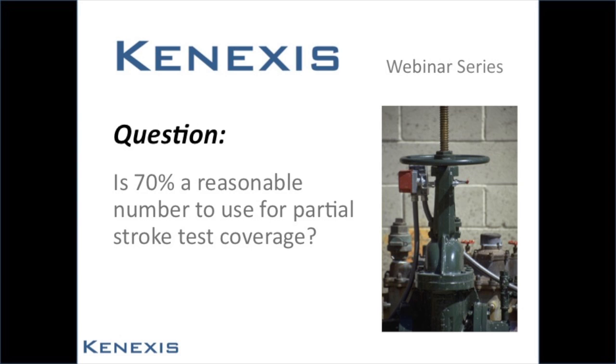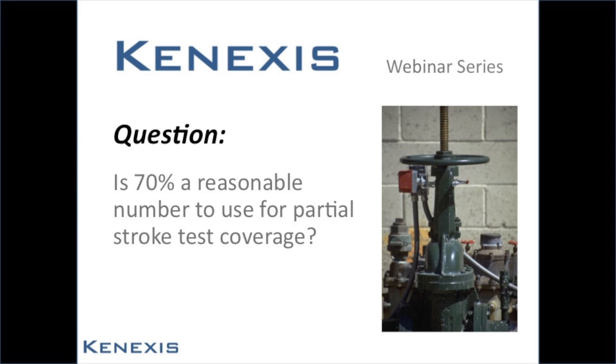70% is very reasonable. We use numbers ranging from 60 to 85, depending on what the service is. Our going-in position is that if it's a service where the material in the pipe is chunky or acidic or erosive, we'll start with 60%.